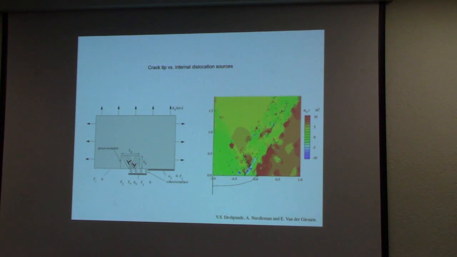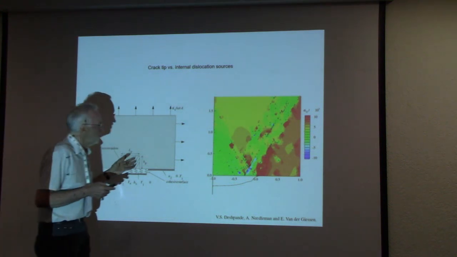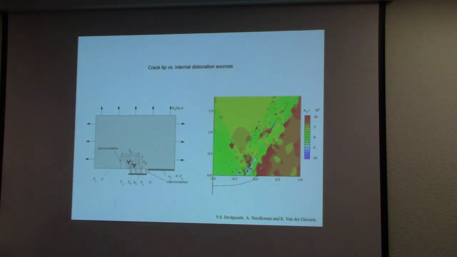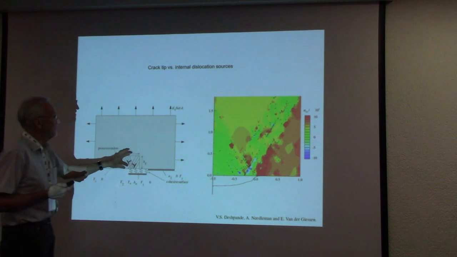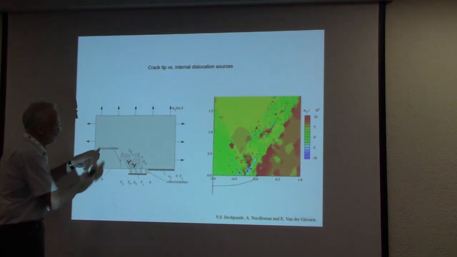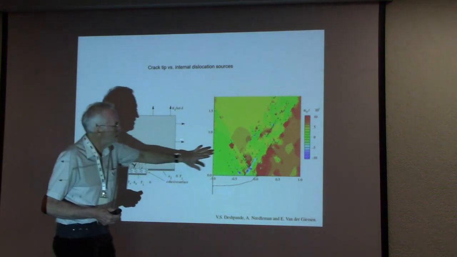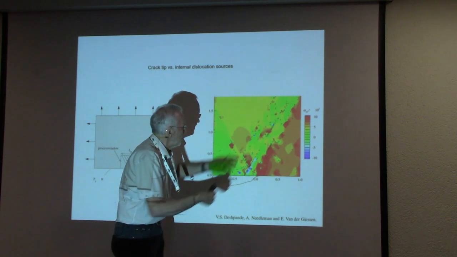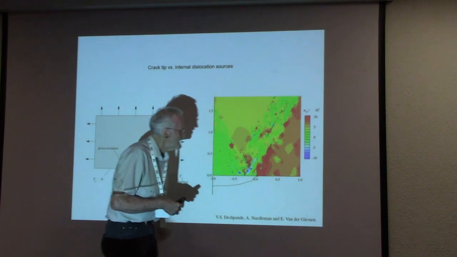There exist other possibilities, for example in a heavily deformed material. If you have a sufficient number of sources, then you can again load up, and the dislocation sources will activate and generate the plasticity.